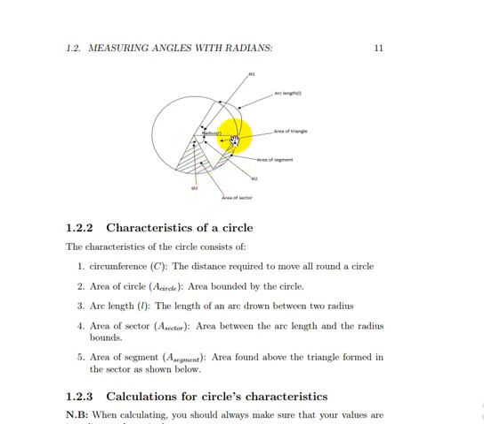When you have drawn this line, you split the sector into two portions. The portion which is larger here is going to be the major sector, and the portion which is smaller here is going to be the minor sector. So here you have the area of the triangle similar to the area of the major sector, and here the area of the segment is similar to the area of the minor sector.